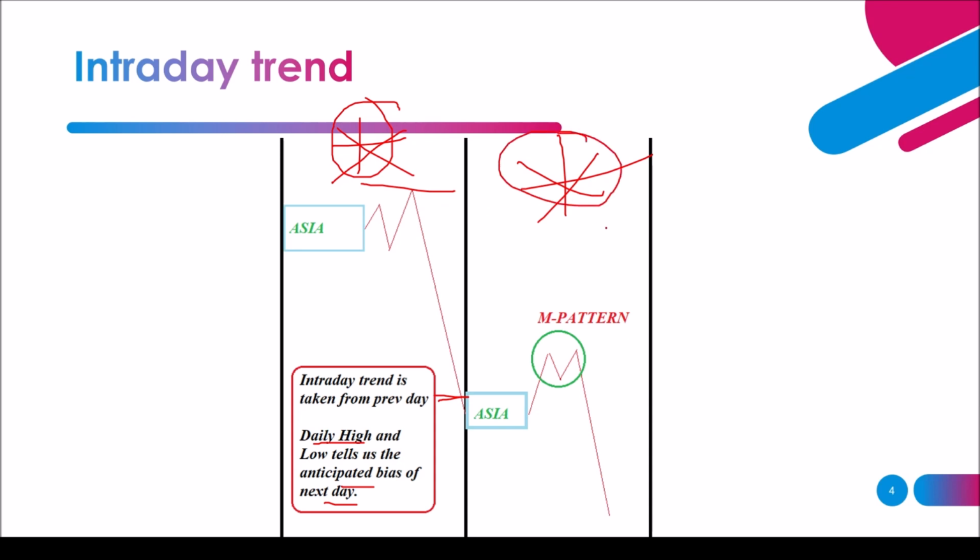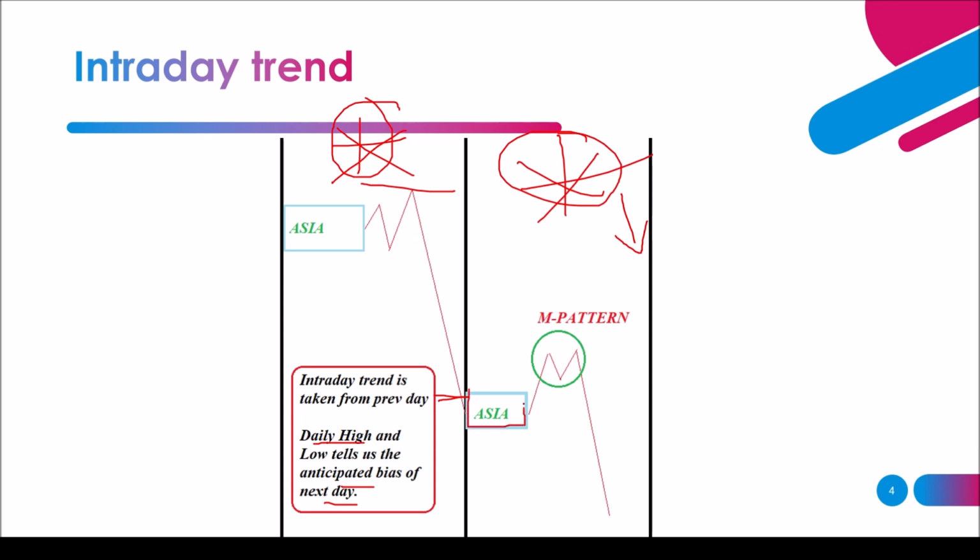So on this particular day, we'll start the day with an anticipation that we are going to continue from yesterday's trend. And from that, we'll be looking for M's or W's depending on the context of the previous day's bias. So in this case, we need to respect the Asian session.